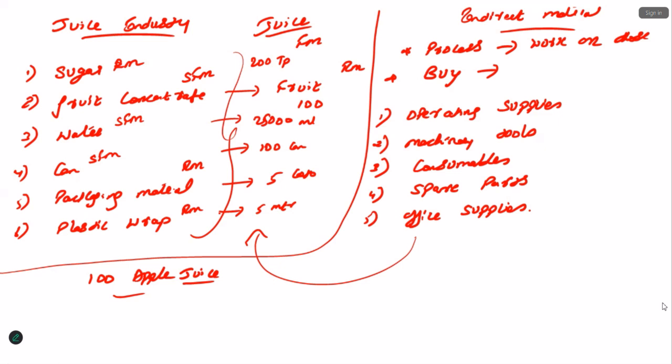But when you come to indirect material, think about how many office supplies are required to manufacture 100 juices. We don't know how much office supplies is required. For example, to get a juice manufactured, you need a juicer mixer.